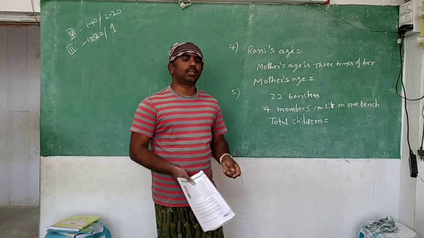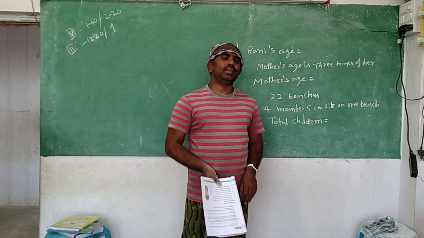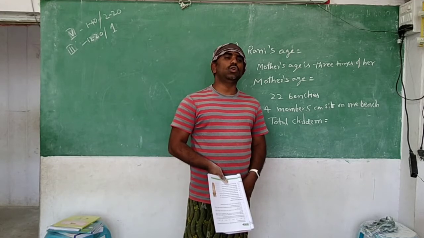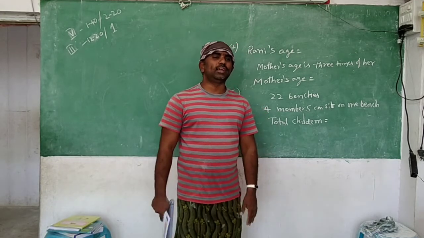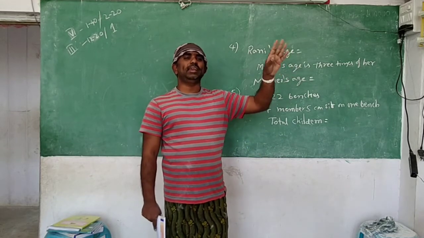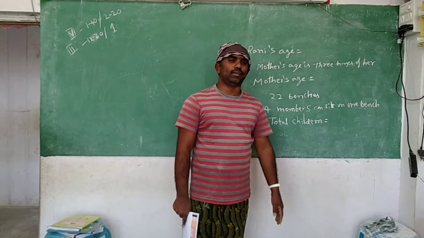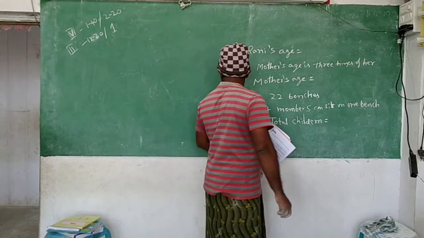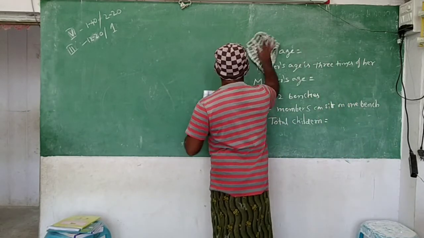Can you say to me? 22 into 4. 22 into 4. That I said to you, 10, 10, 2, divide like that. 10, 10, 2 into 4 you do it. Okay? Okay. And the last problem left in this is question number 6.